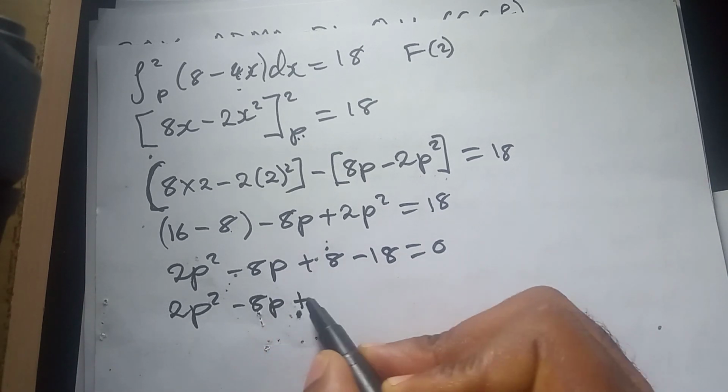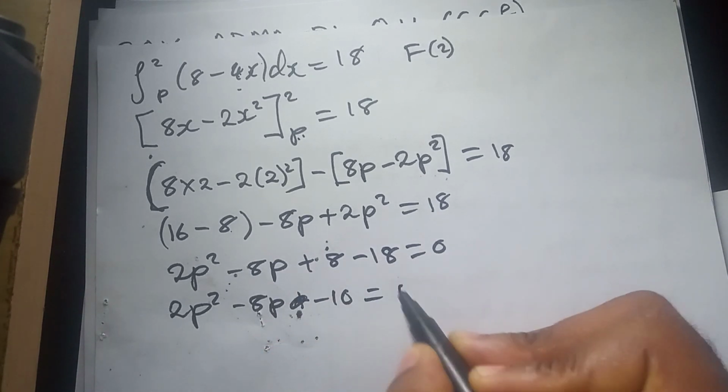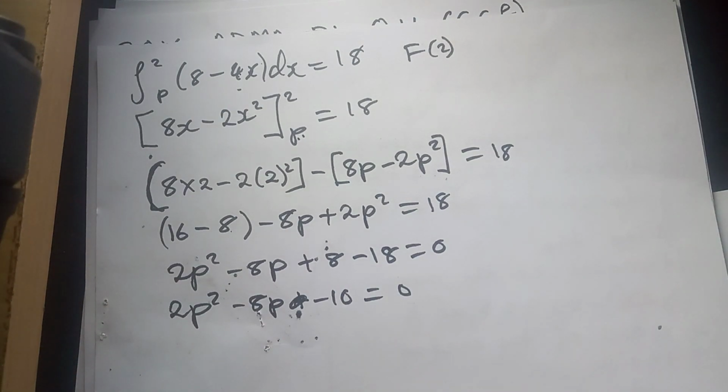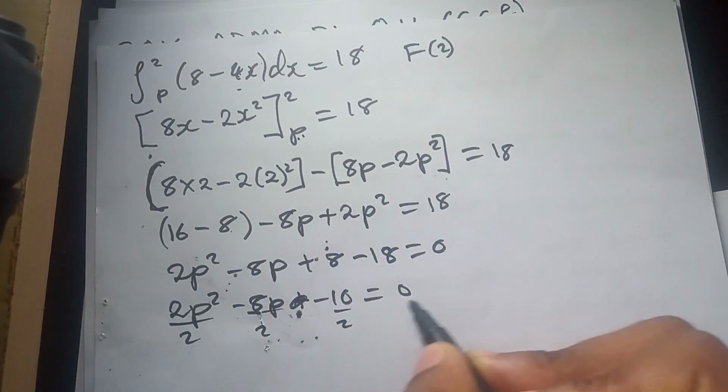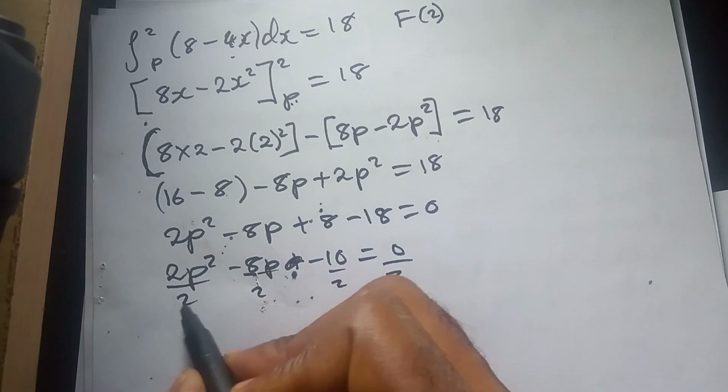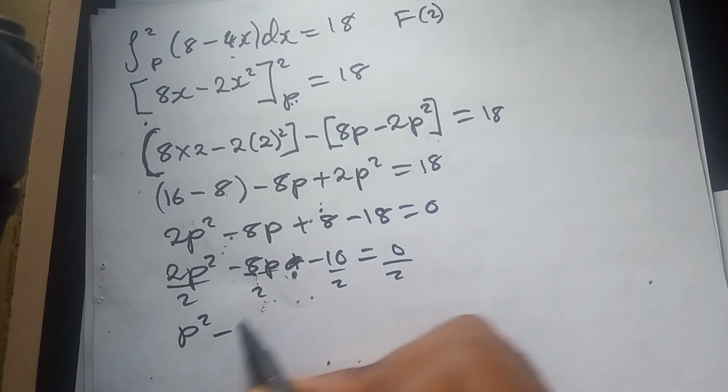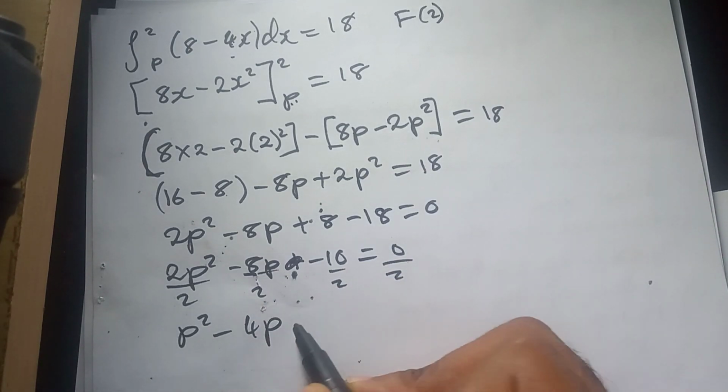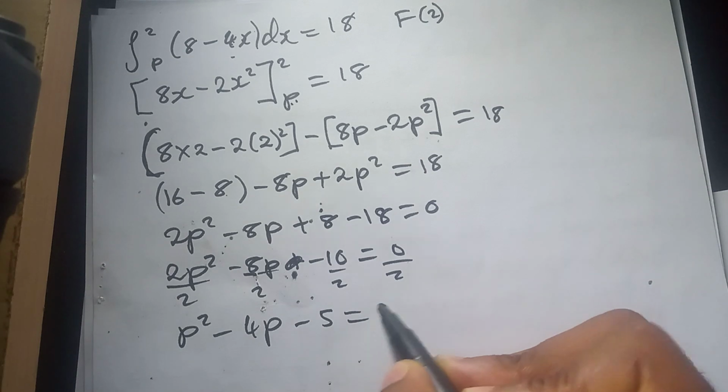This will simply be negative 10, which is equal to 0. And then you can reduce your equation, or you can work it out as it is. I believe reducing the numbers makes your work much easier. So this one will be p squared, that will be 4p, and then that will be negative 5, 0.